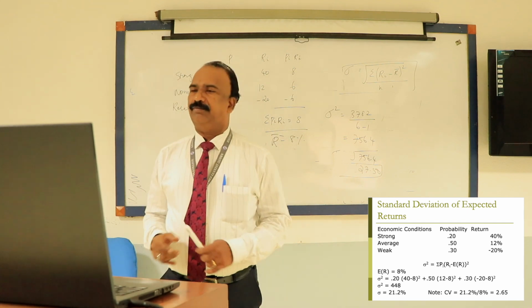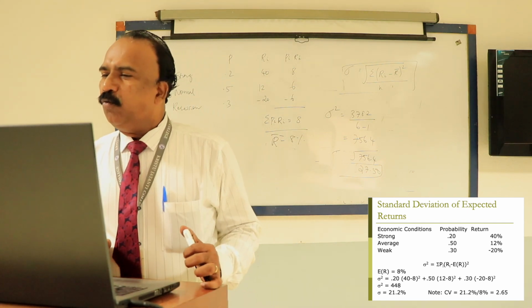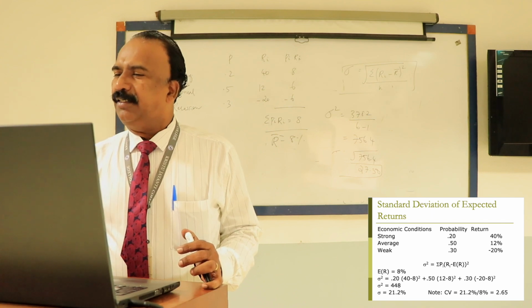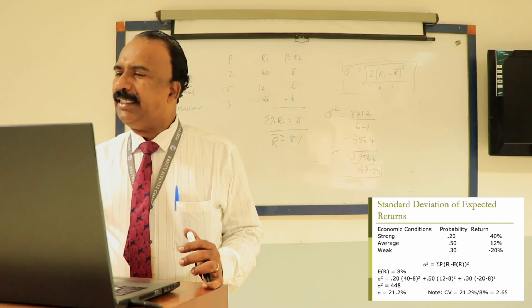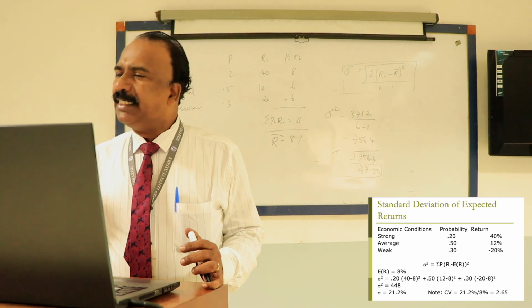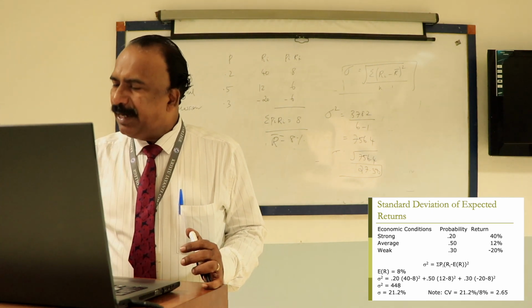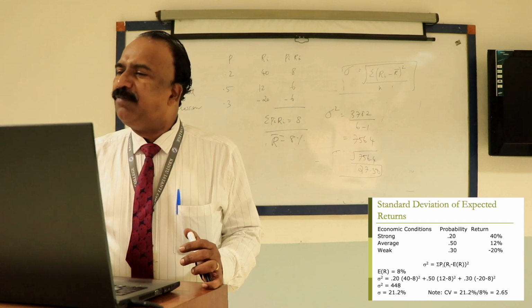All of it clear? Earlier, you added the return and divided by the number of years to get the actual return, the average return. But here, you multiply pi with Ri and sum it; that summation itself is called R bar.